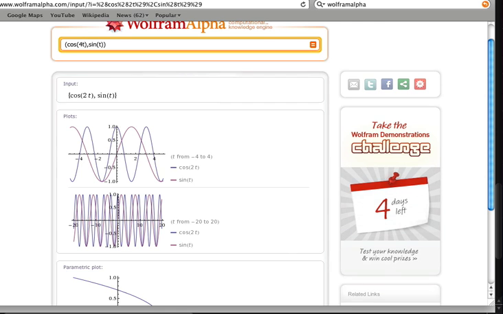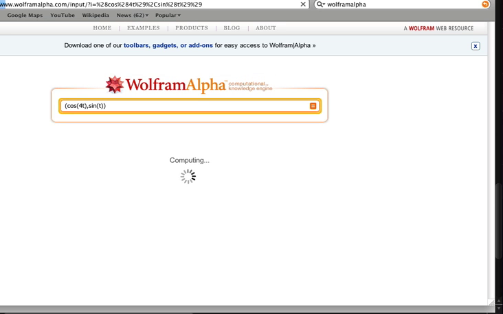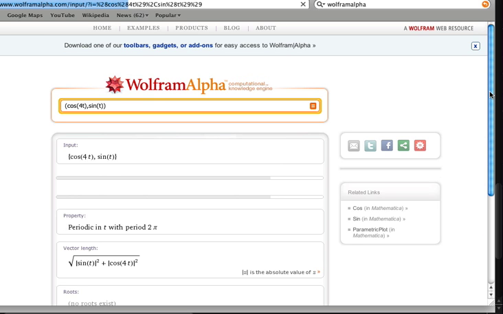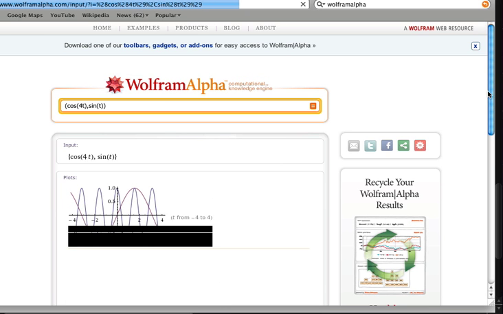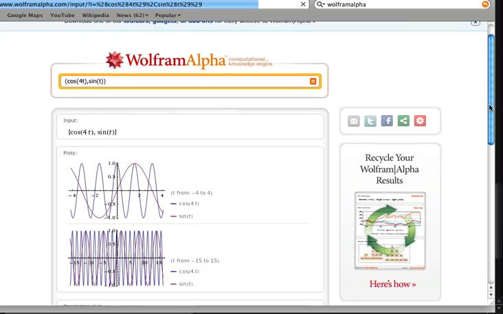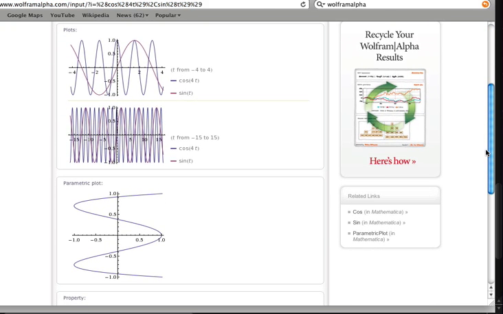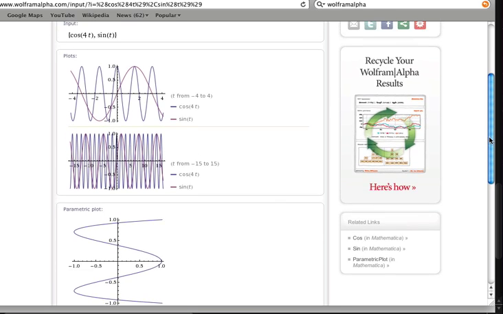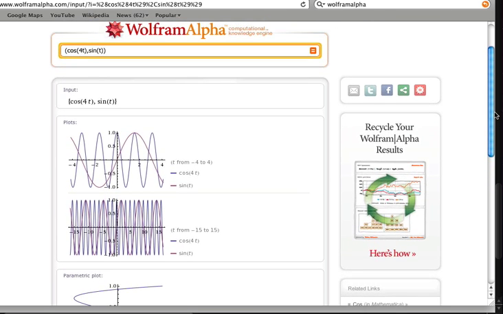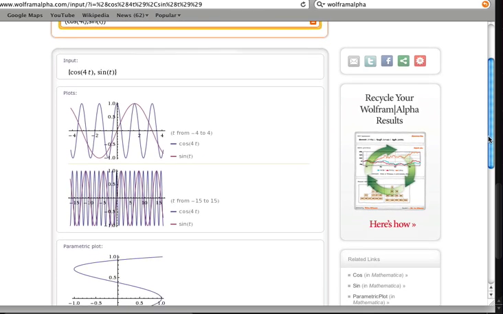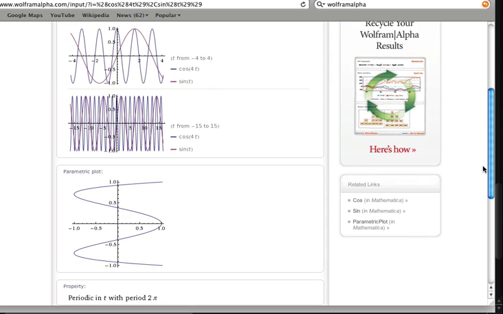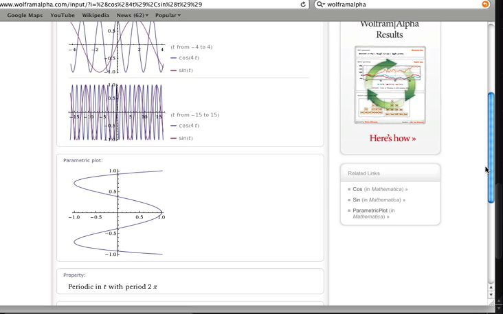Let's make this one bigger, see what happens. So here we have, let's see, cosine of 4t, so that would be going through the x values, right?